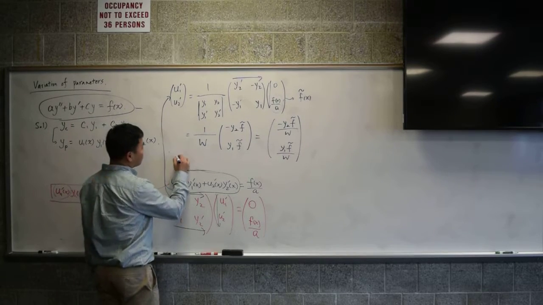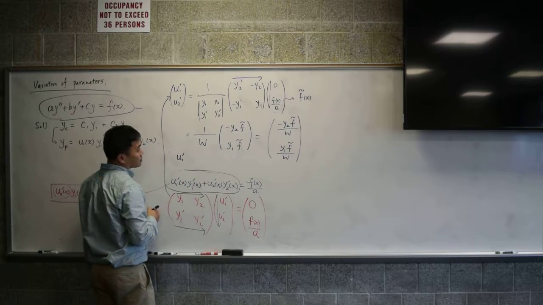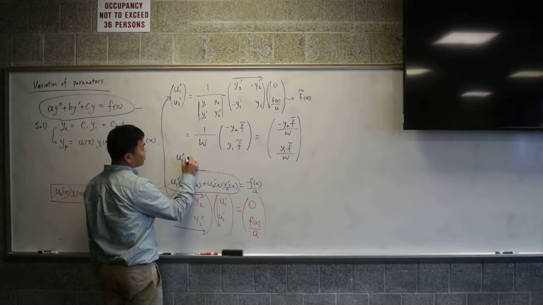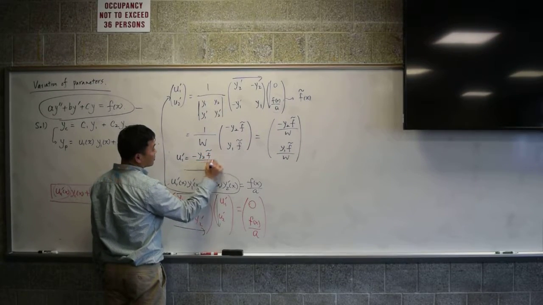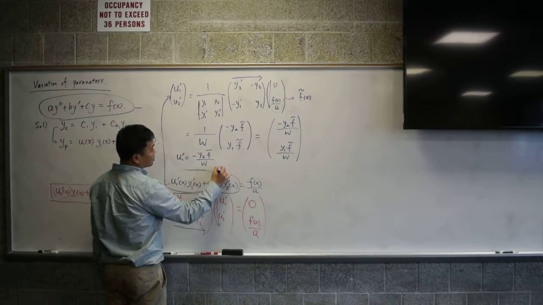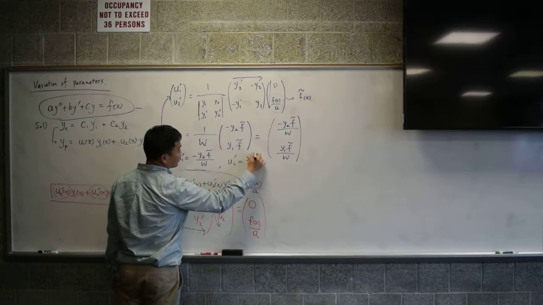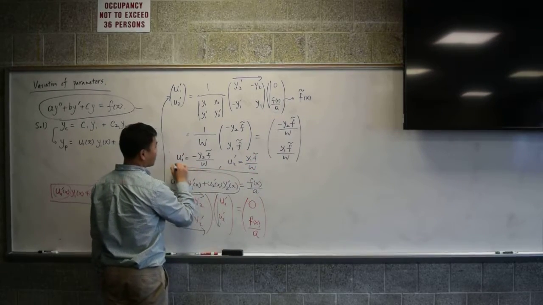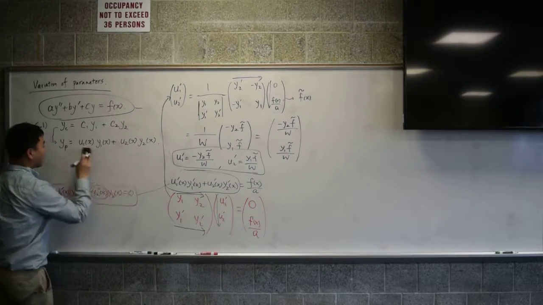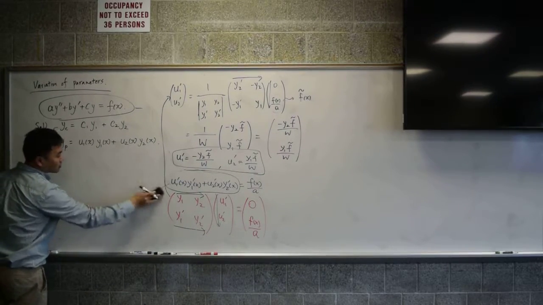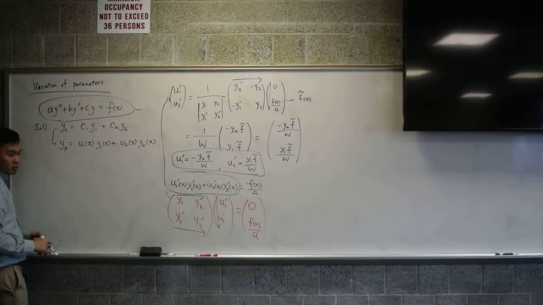Let's see, that means u1 prime is equal to negative y2 f tilde over W, and u2 prime is y1 f tilde over W. And now we have to plug those back in here. Now, since we have u1 prime, to get the u1, you have to integrate, right?